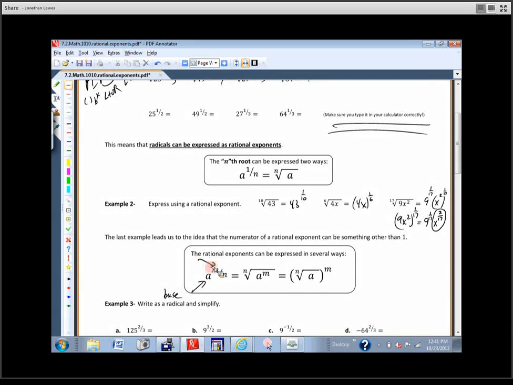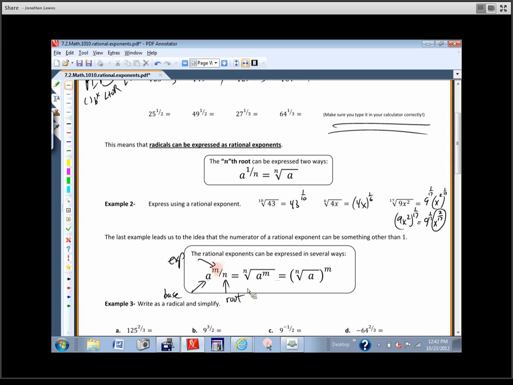This right here, I like to think of as the exponent, and that right there is the root. So I've got the base, and then if I've got these two parts of the fractional exponent, the numerator is going to be the exponent, and the denominator tells us which root we're working with. So it's going to be the nth root, that's going to be the index, and then I can apply the m as an exponent either inside or outside.